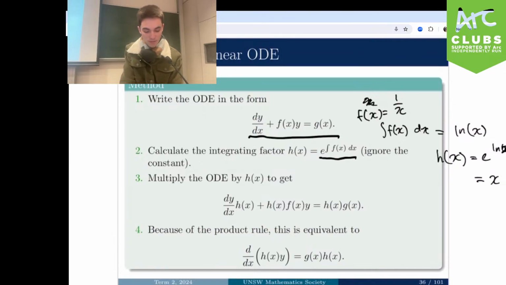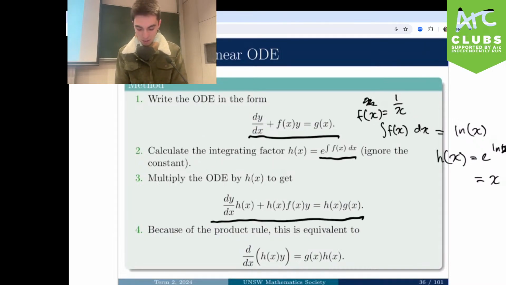All right, so now you have this integrating factor h of x. You multiply both sides of the equation to get this new one, right? And then because of the product rule and what you've set h of x to, you can actually rewrite this left-hand side as the derivative of the product of h of x times y, all right?